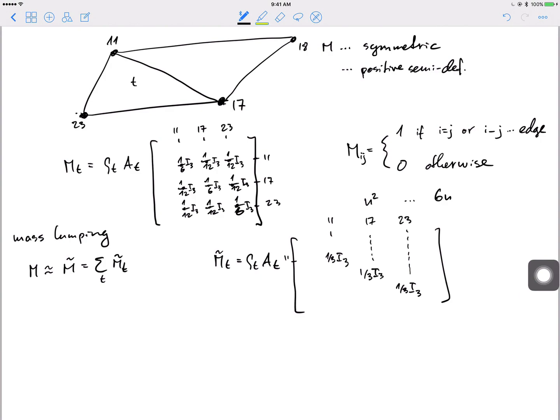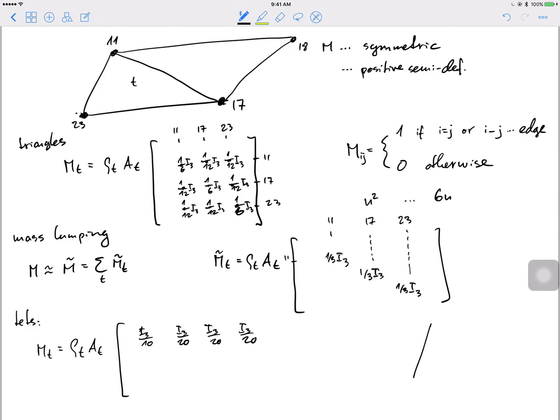For now, let me just tell you what it looks like for tetrahedra, since this was all for triangles. It's actually very similar. For that, the non-lumped one would look like this, right? It would be the same idea, except that you would have some I3 times 1/10, and here you would have I3 divided by 20, I3 divided by 20.